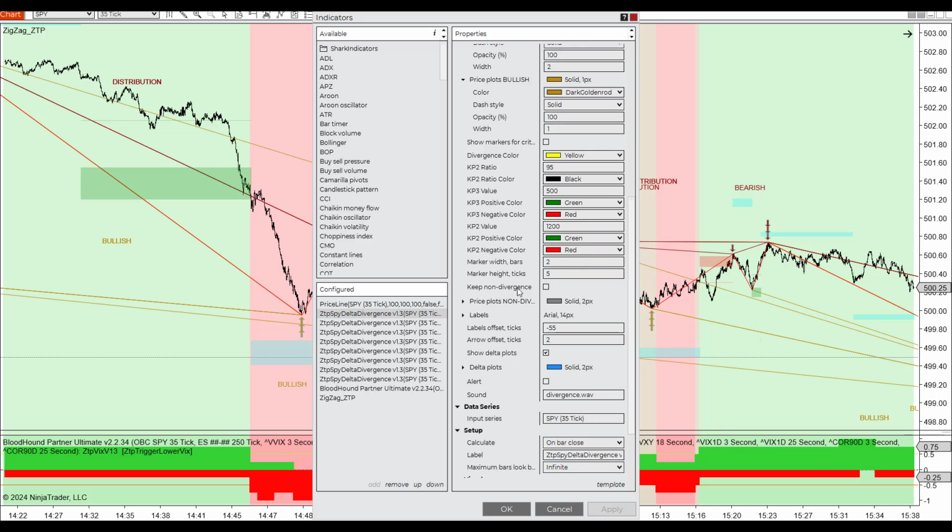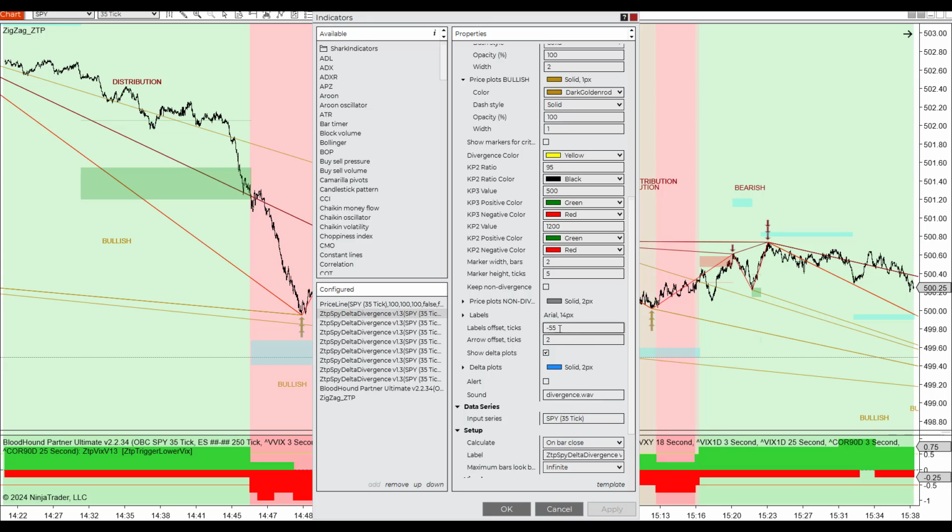And then one of the other things he did is he does not keep non-divergence. So the trades that do not work, he's just taking those off the chart. And that's to keep the chart uncluttered.